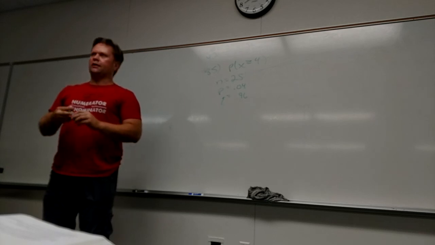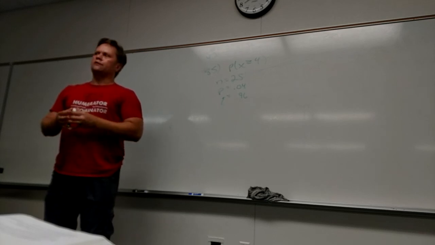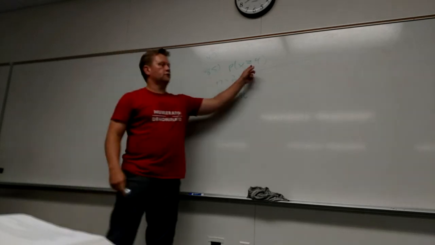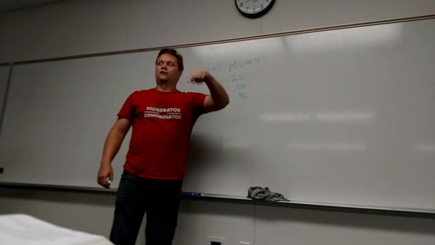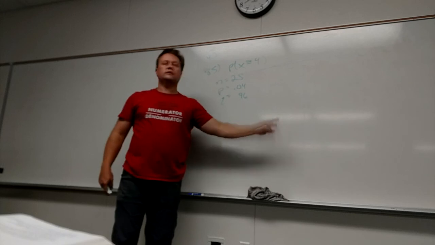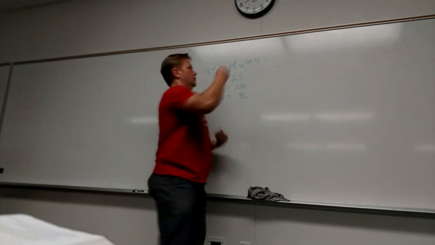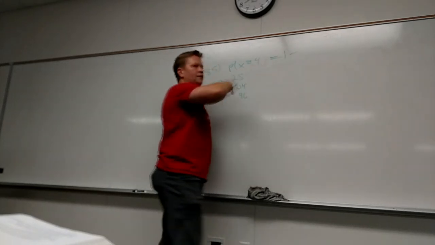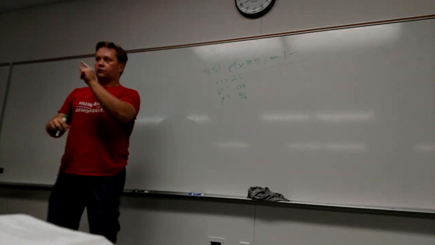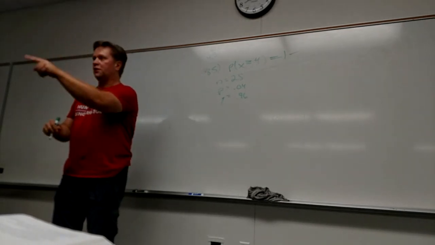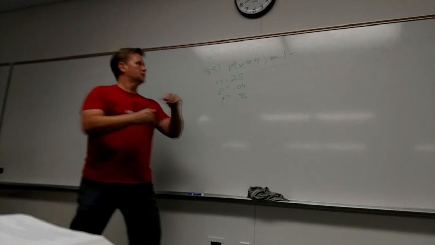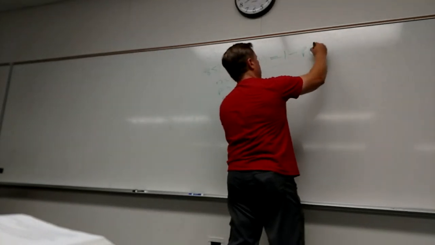So how many times would you have to use the formula if you did this directly? 4, 5, 6, 7 up to 25. What's the opposite of this? It leaves out 3, 2, 1, 0. So this is 1 minus the probability that x is less than 4.